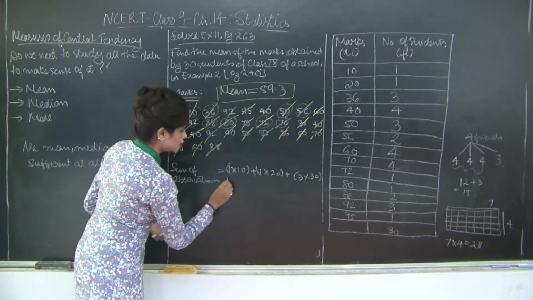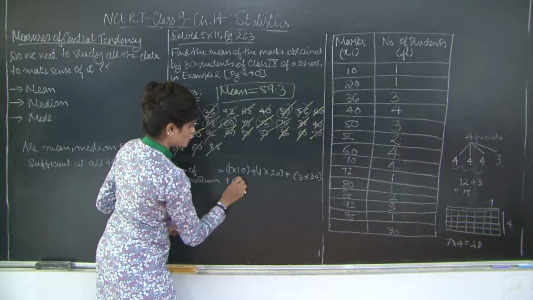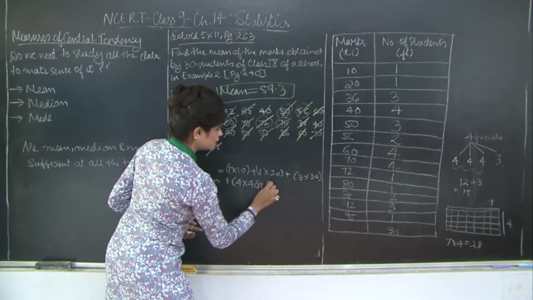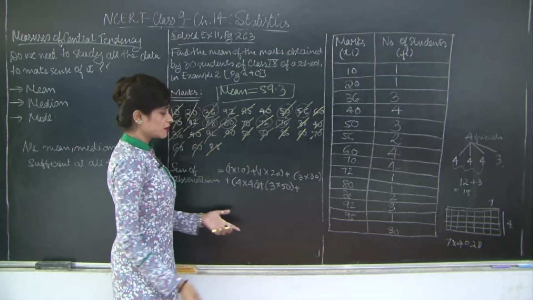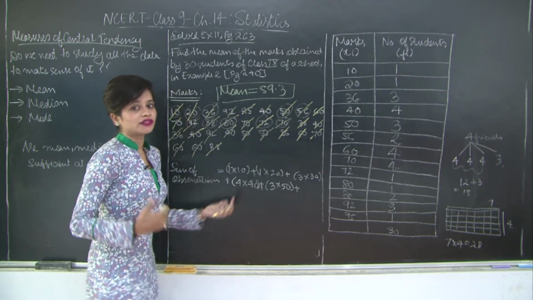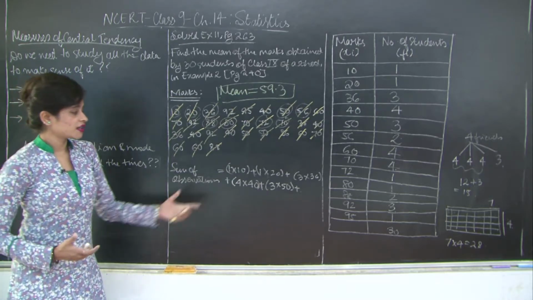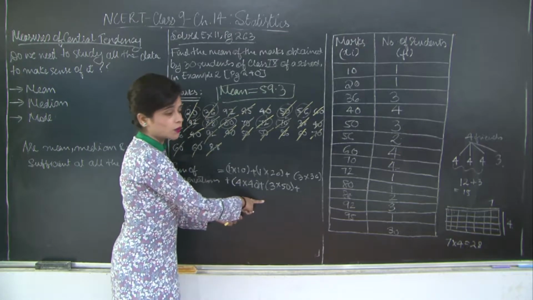Now you're going to add 3 into 36 plus 4 into 40 plus 3 into 50. See, these brackets play a very important role because algebra depends on BODMAS: brackets, division, multiplication, addition and subtraction. Whatever is in the brackets gets solved first. So please make sure that you are including these brackets the way they are.